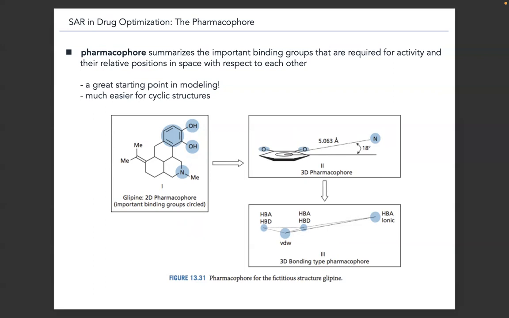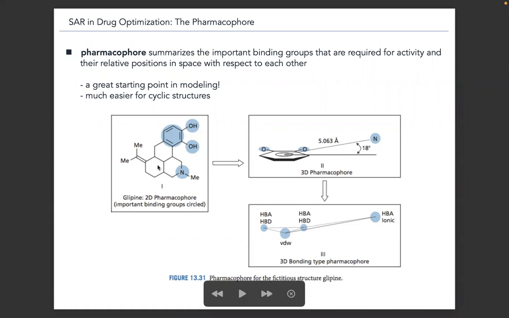And while that's a really nice depiction, it doesn't completely accurately represent what the pharmacophore really looks like. These rings, for example, the one on the left, are actually not all sitting in the plane.